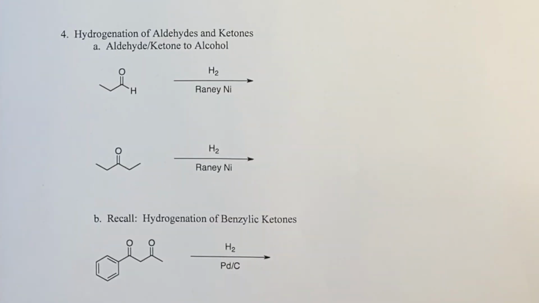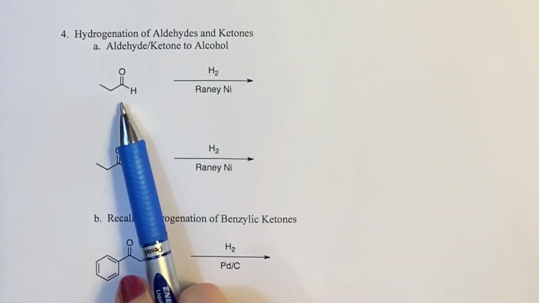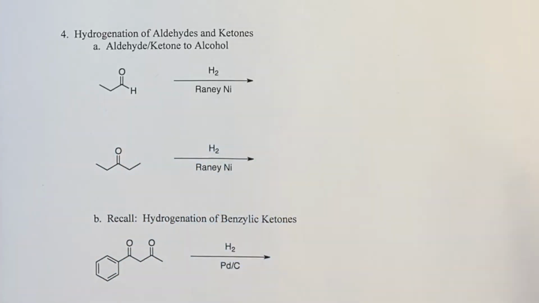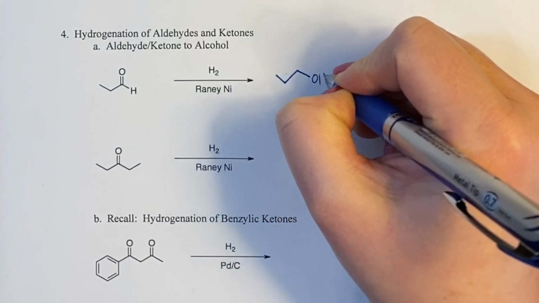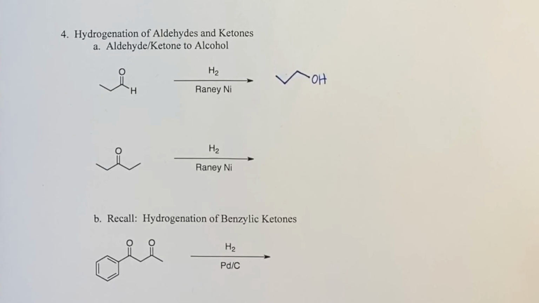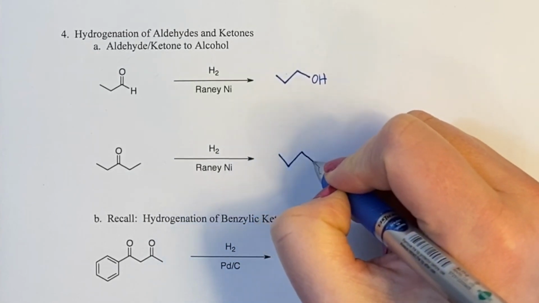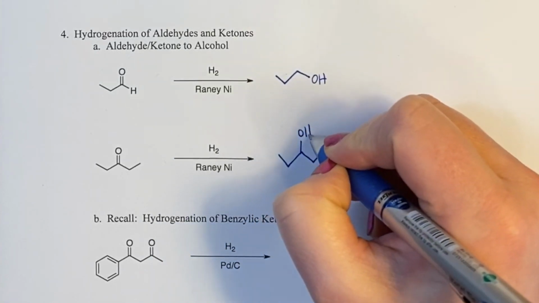I can do a hydrogenation of an aldehyde or a ketone to an alcohol using hydrogen gas and a particularly reactive catalyst called Raney nickel. So if I have this aldehyde and I treat it with Raney nickel and hydrogen gas, the product that I make out of that reaction is this alcohol. And if I take my ketone and treat it with hydrogen gas and Raney nickel, the product that I make out of that reaction is this alcohol.